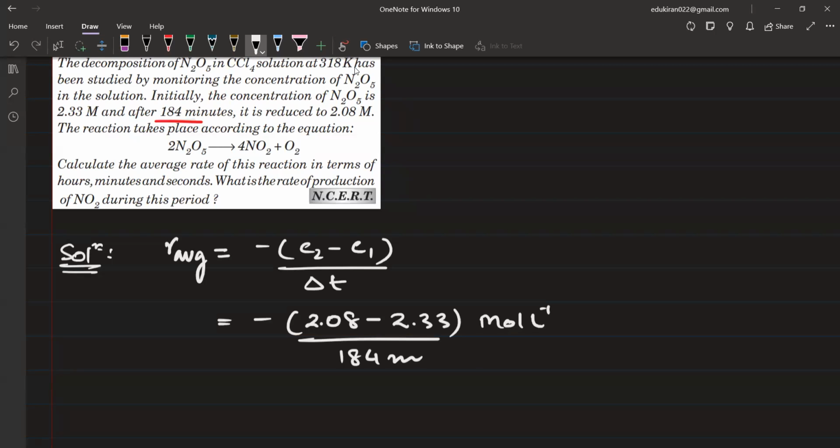Also one more thing, since you can see that this 2 is there, it will be multiplied by its half also, because the rate is the rate of disappearance or appearance divided by the stoichiometric coefficient.